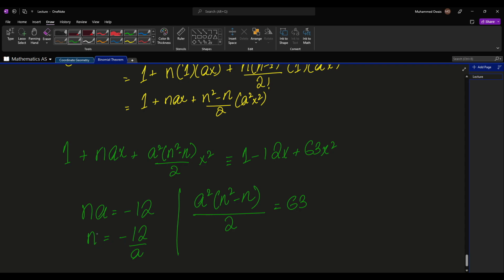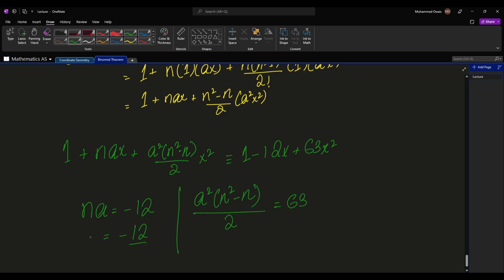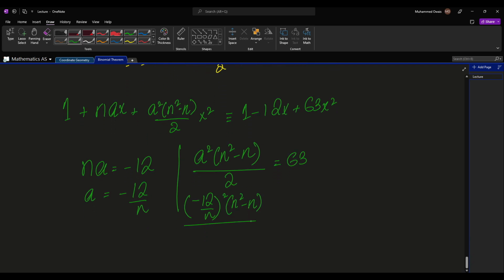What we can do is replace the n values here, right? But it would be a bit difficult because we'll have to replace two values. So what I can instead do is do this. Make a independent and n in the denominator, all right? So I can just replace this a and write 12 over n whole squared into n square minus n over 2 is equals to 63.